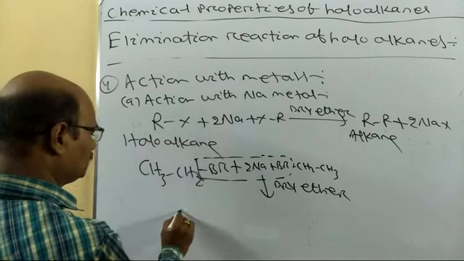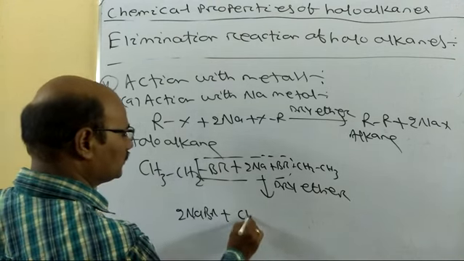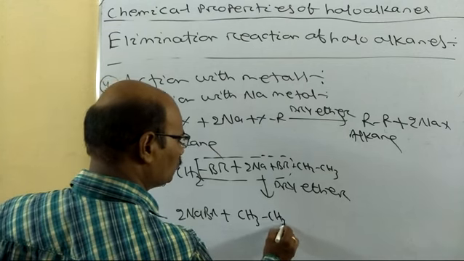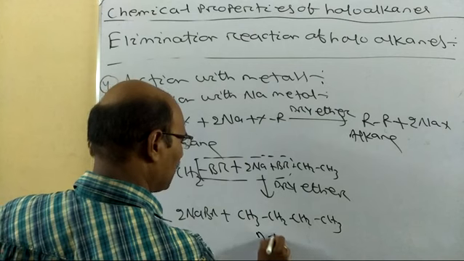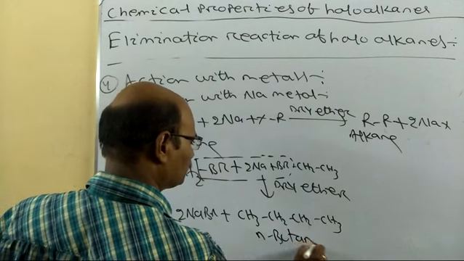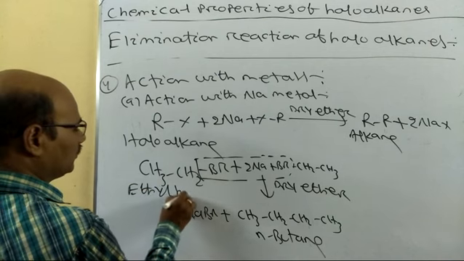We get 2NaBr plus CH3CH2CH2CH3. This is called n-butane. The haloalkane used is ethyl bromide.